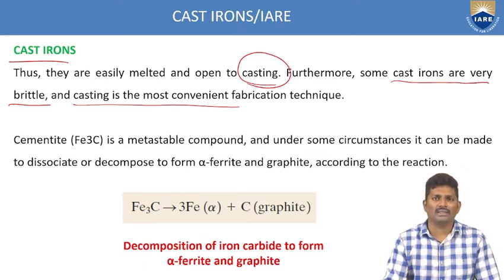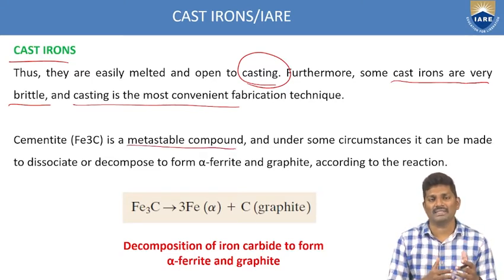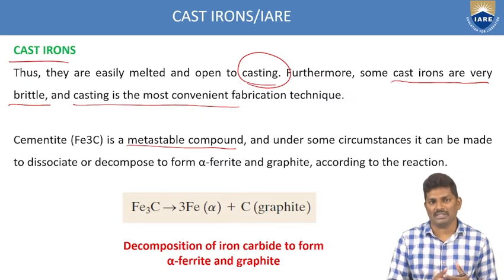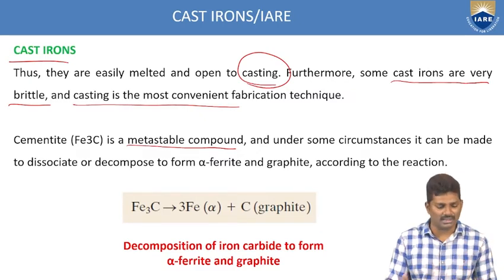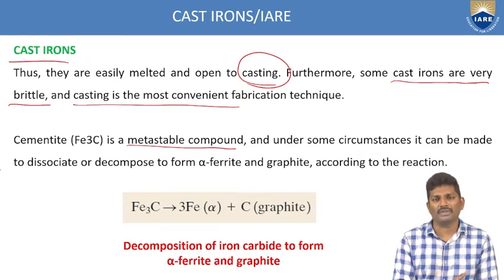Again, this Fe3C, the cementite, is a metastable compound. That means depending upon the temperature, the cementite varies from one form to another. That is called metastable. With variation in temperature, the cementite transforms from one phase to another, from liquid to solid.